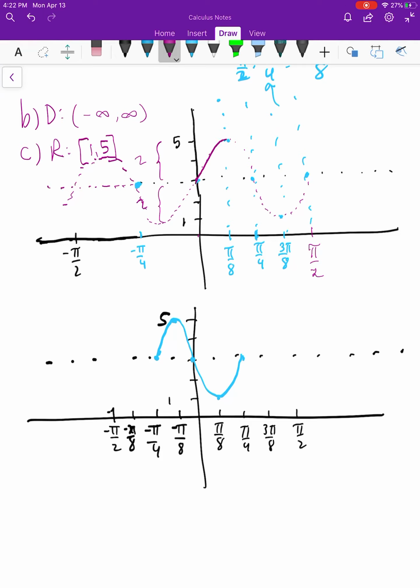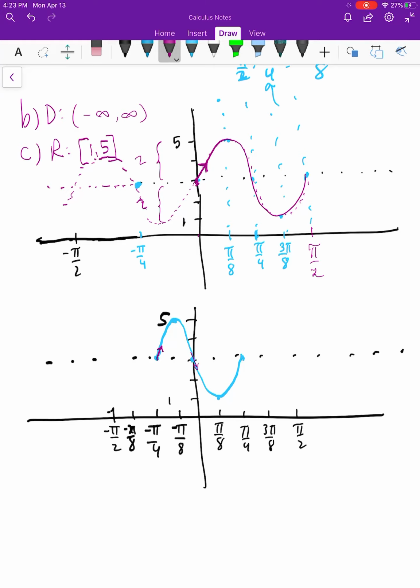And this is the sine function shifted to the left pi over 4 units. So instead of, here's the one that was not shifted. Okay, do you see how it's going positively through 0, 0 at 0? And this one is going positively through at negative pi over 4 because that was my phase shift.